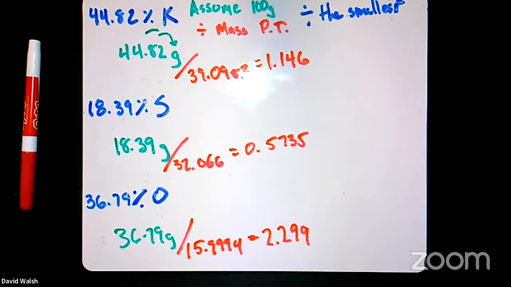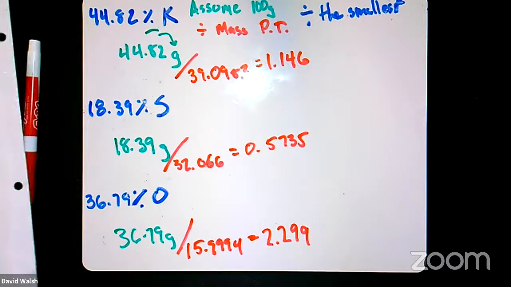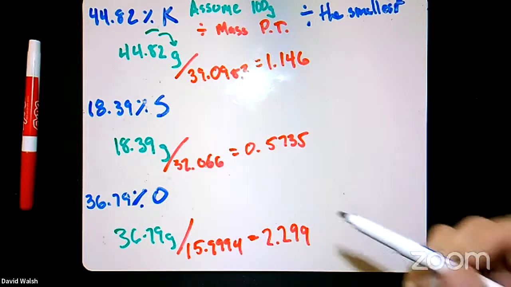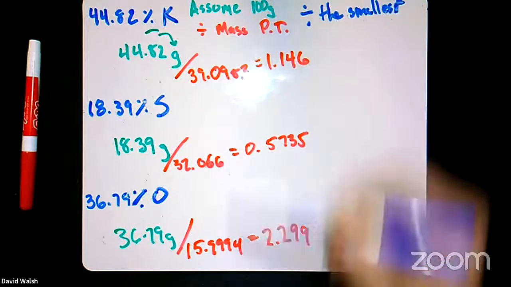The good thing is that there's nothing groundbreaking with this. I don't want to break out square roots and squares and irrational numbers and all this stuff. You just find the mass in the periodic table.